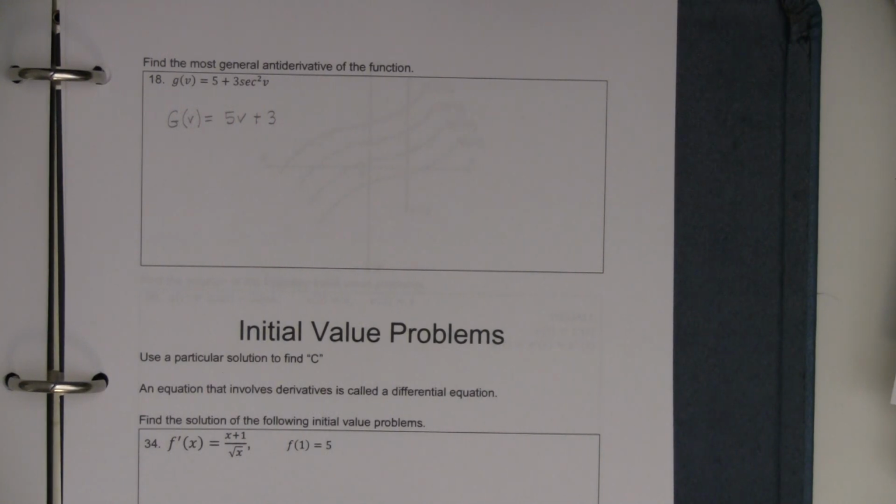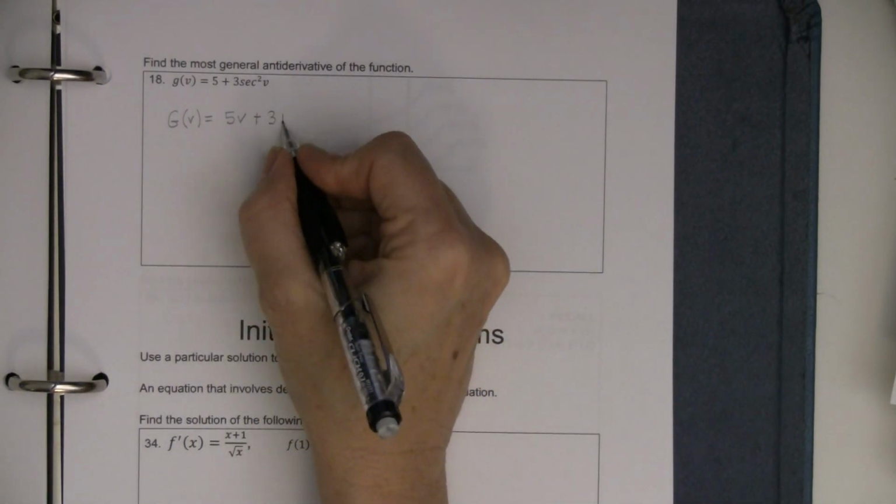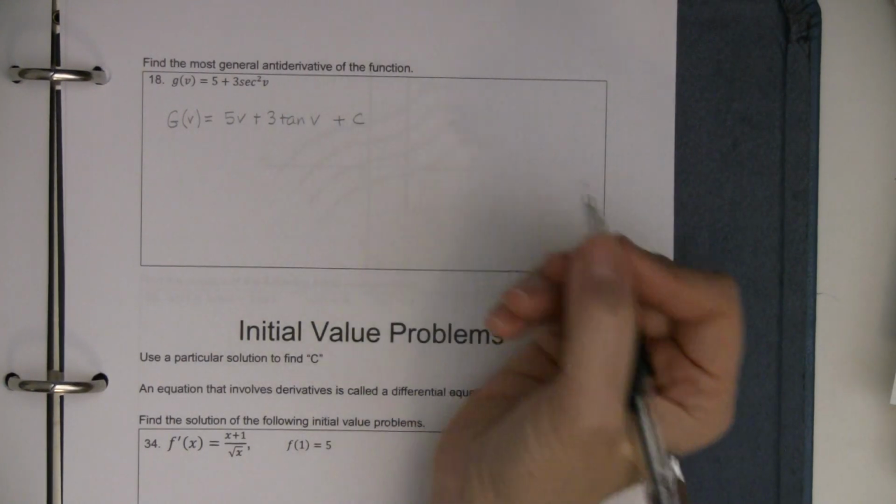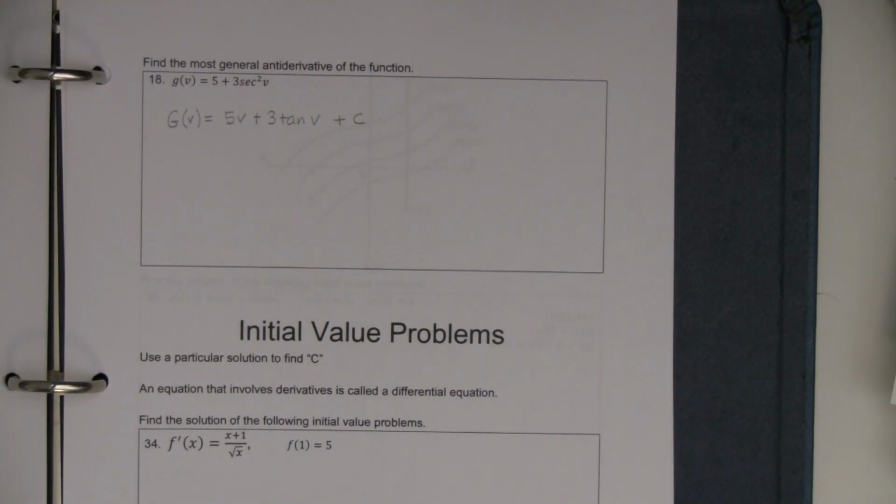The antiderivative of secant squared v, and you guys got it. It's tangent v. You're like, I didn't say anything. And then plus c. And so there we have that one. Pretend like you did say something, and you'll feel better about it.